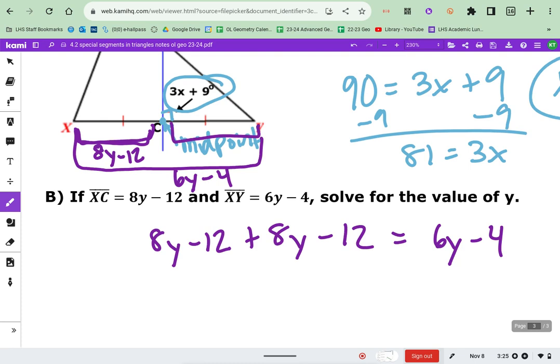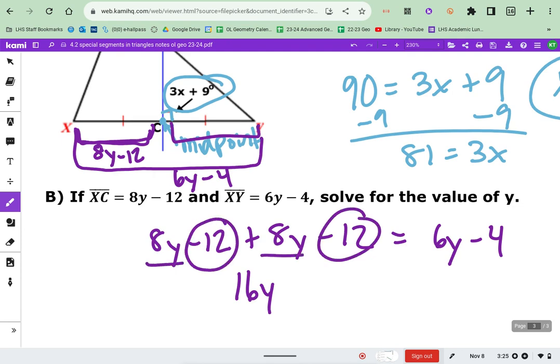So now we're just going to solve. First I'm going to combine my like terms on the left side. 8y and 8y are like terms, so they combine to 16y. And the minus 12 and the minus 12 combine to minus 24.